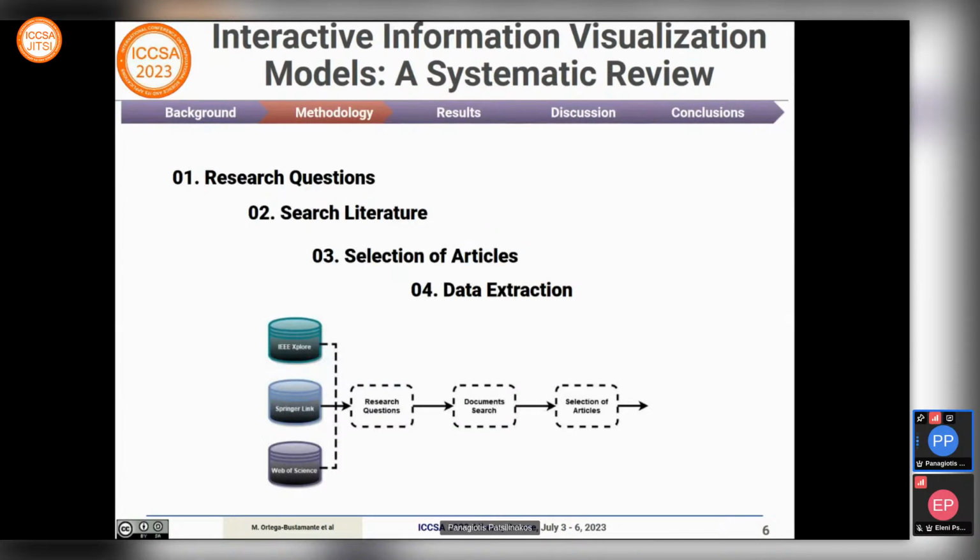So in order to do this systematic review, we have followed the following steps. First, we have our research questions, and then we've done the search in literature, selection of articles, and then the data extraction.